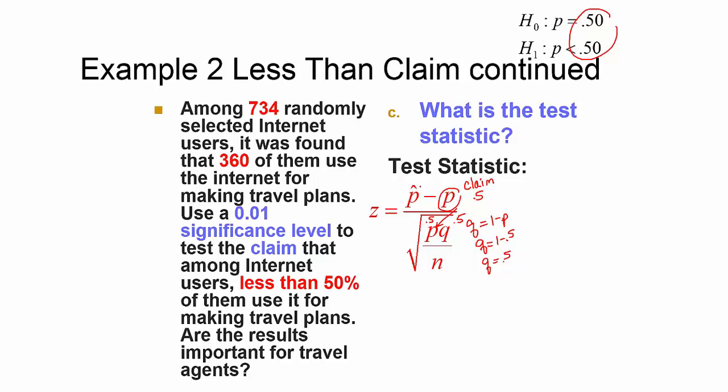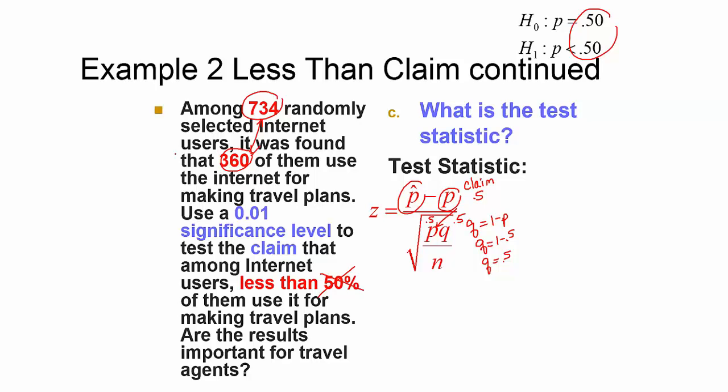Now to solve for p hat, we're going to have to look back and either find a different percent that's not 50%, or find two numbers that you can divide. In this problem, we have a total of 734 people were selected, and then it was found that 360 of them used the internet for making travel plans.